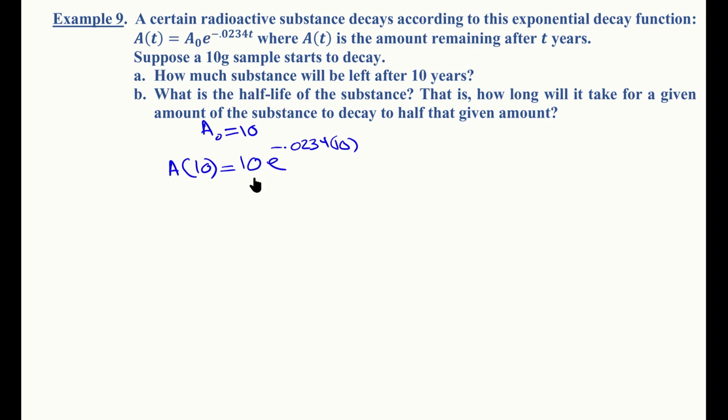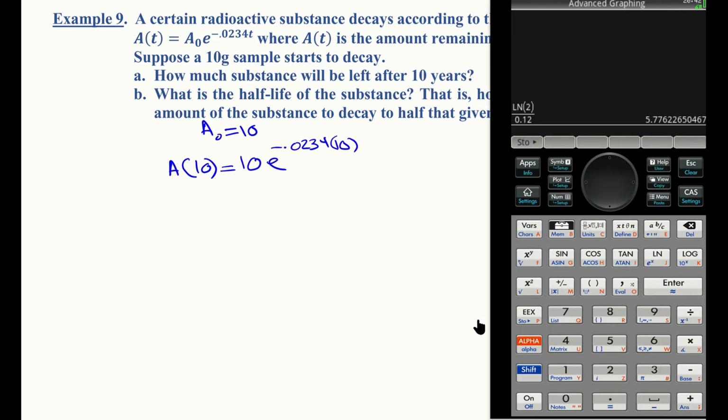All right, so it's as simple as just plugging that into a calculator. So let's bring our calculator back, clear it. All right, so we're just going to carefully type 10 times, remember with this we have to put times, e, which is second ln. The nice thing is when you push second ln, it gives you the exponent position already, so you don't have to hit to the power of.